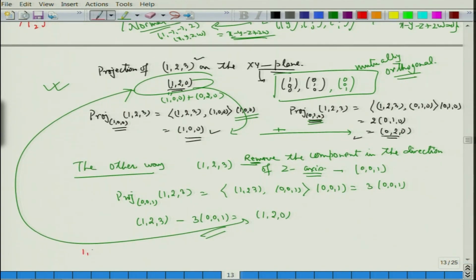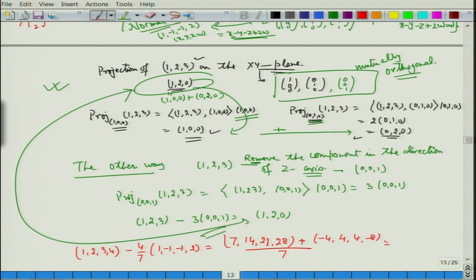So, (1, 2, 3, 4) minus 4 upon 7 times (1, minus 1, minus 1, 2), which is the same as (7, 14, 21, 28) minus (4, minus 4, minus 4, 8), all divided by 7.